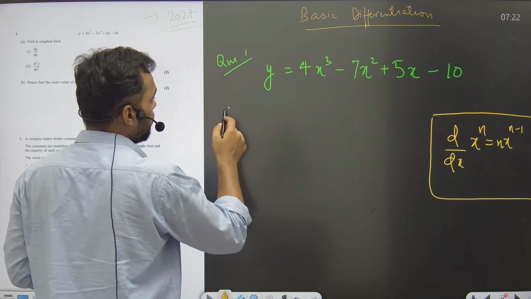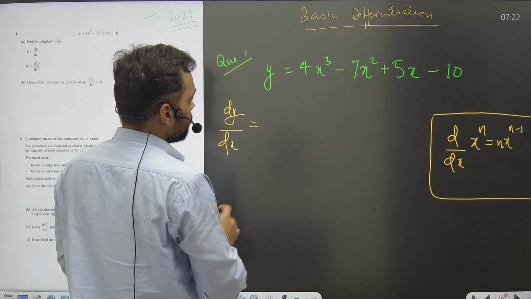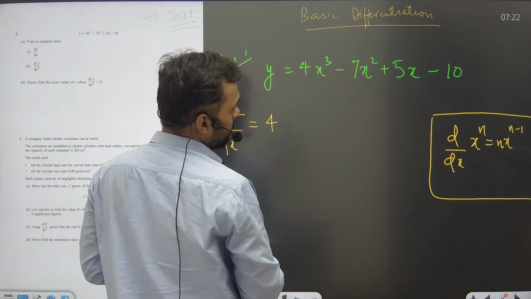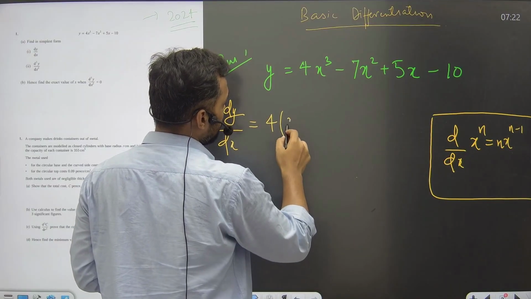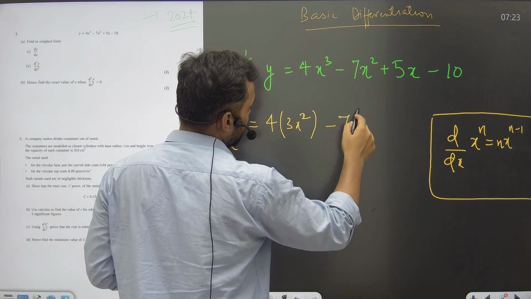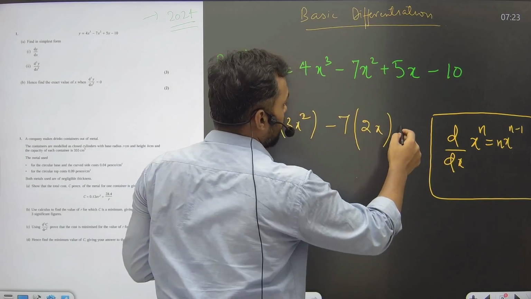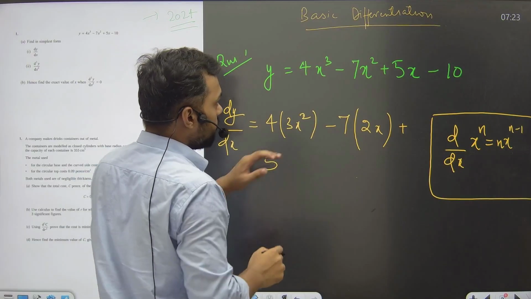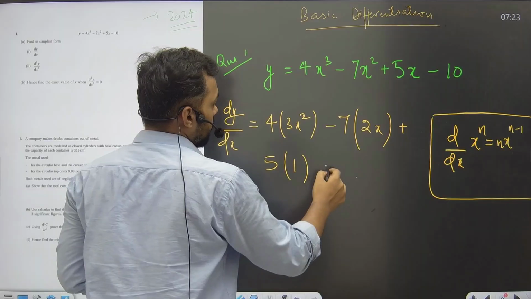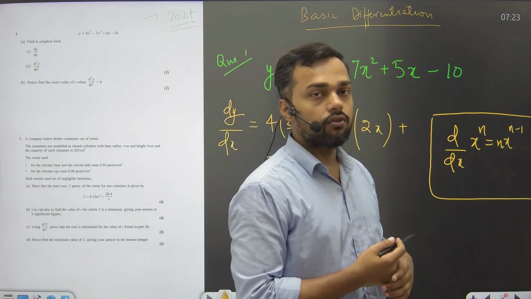So if we differentiate here, we get dy by dx equals 4 times x cubed, whose differentiation according to this pattern will be 3x squared, minus 7 times x squared, which will be 2 times x, following the same rule, plus 5 times the differentiation of x, which will be 1, minus the differentiation of the constant term, which has no x, so it will be 0.